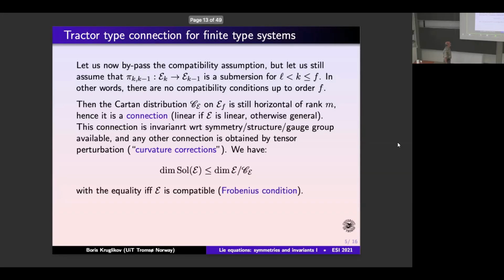In this case, since there is curvature, you can't expect a solution passing through any point, and naturally even this right-hand side, this quotient, is not well defined, because you have to complete your distribution to an integrable one and then take the quotient, so the solution space decreases.